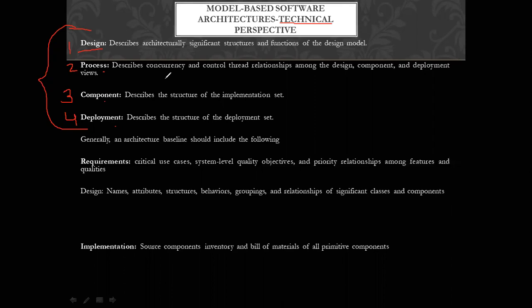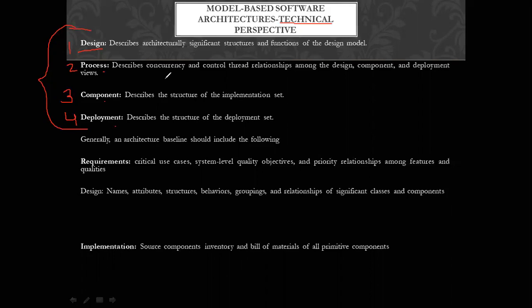Concurrency means which components and activities are happening at the same time. So the process view is about concurrency and control thread relationships between design, component, and deployment. Thread relationships mean one by one which one is happening and which one relates to what.